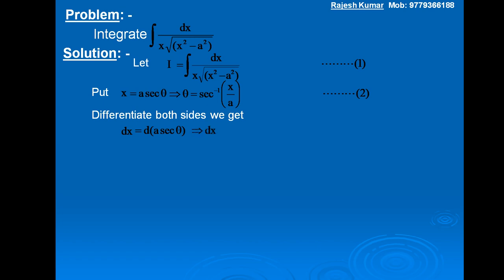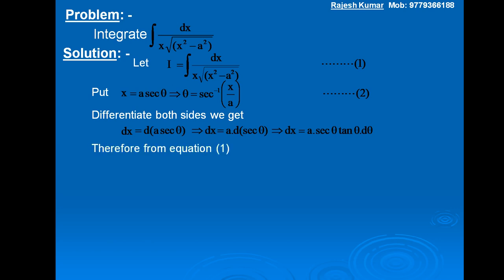So this implies dx is equal to a into derivative of secant theta, and this implies dx is equal to a into secant theta into tan theta into d theta. A derivative of secant theta is secant theta into tan theta, and d theta is according to chain rule.